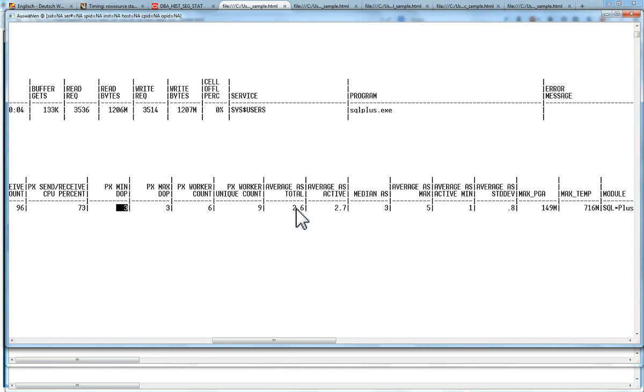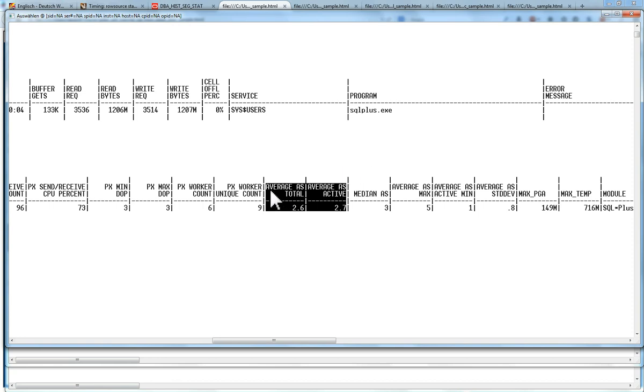So this is what I talk about in detail in these other tutorials with parallel execution skew. So if not all of the parallel execution servers are working all of the time, and the work is typically not evenly distributed among these parallel execution servers. So this average here, if it's significantly below what you expect in terms of the degree, then it's very likely that you have a problem with the work distribution.